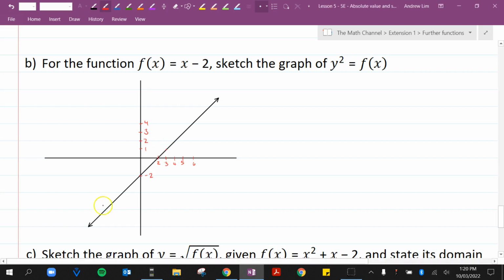So remember, everything below the x-axis we can't square root, so all of these will disappear. The square root of this section here, because that's less than 1, is going to lie above the line.